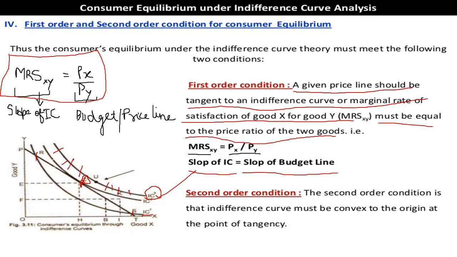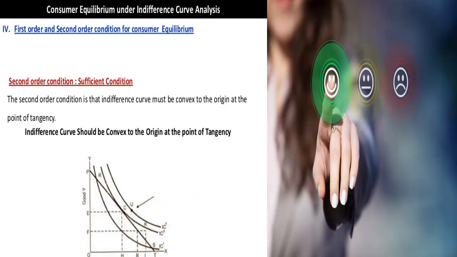Second condition is that the indifference curve must be convex to the origin, and that we already have. Indifference curves सारे convex हैं to the point of origin. At the point of tangency, see, first order and second order condition. First order condition तो हमने कर ली, जब बजट लाइन और इंडिफरेंस कर्व का स्लोप इक्वल है.